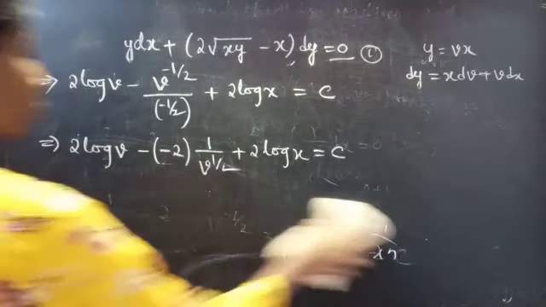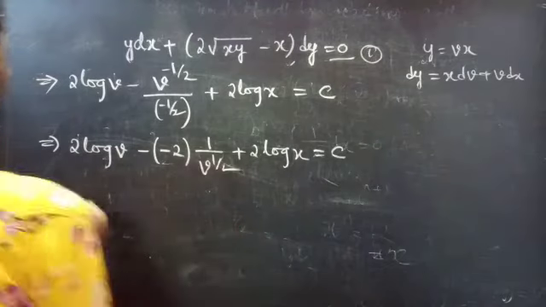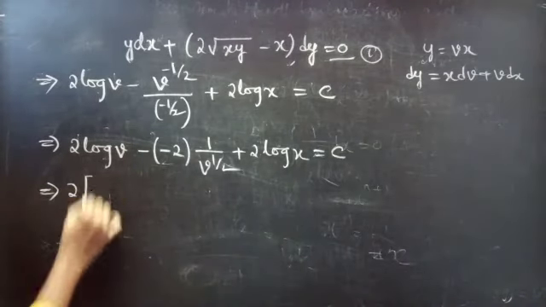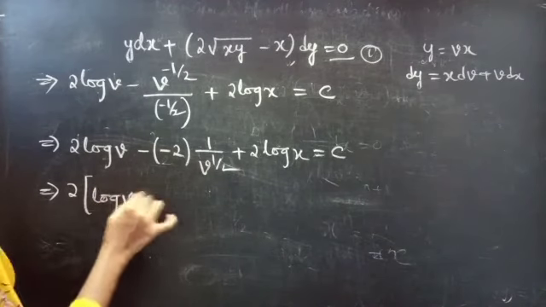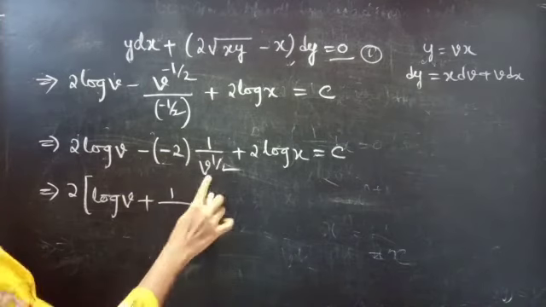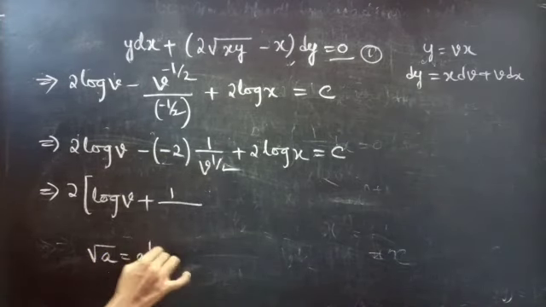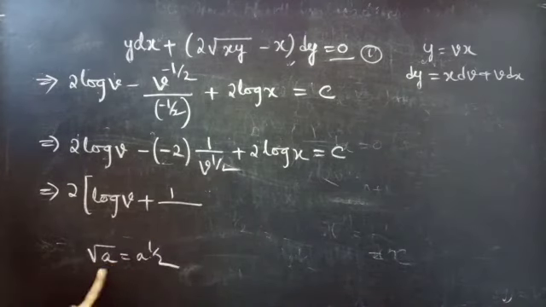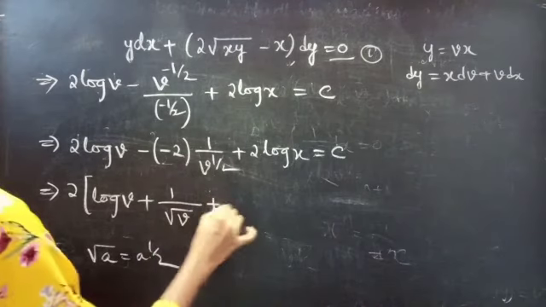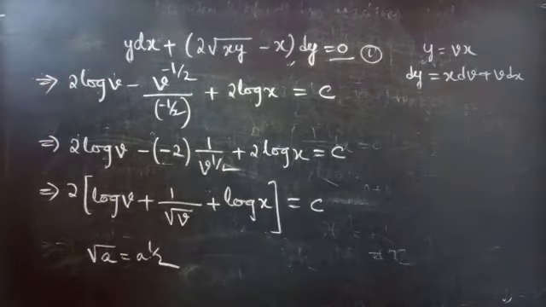Now take 2 common from the first 3 terms, that is from LHS part. You'll get 2 times log v minus into minus plus 1 by, you're having v power 1 by 2, right? You know that square root of a equals to a power 1 by 2. So we can replace v power 1 by 2 by square root of v plus log x equals to c.